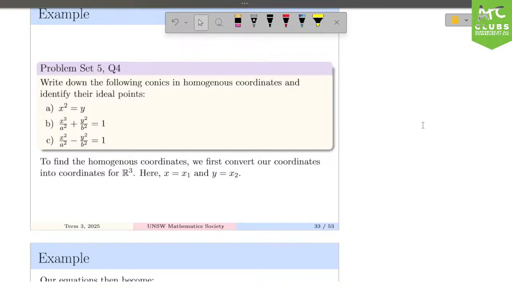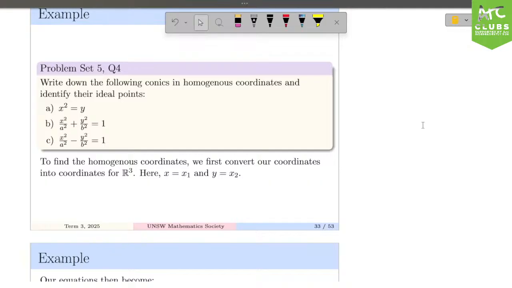So we need some way of mapping points to real projective points that preserve this scaling. So what we do is we map x into x1 on x0, and we map y to x2 on x0. And that will guarantee that this condition still holds.